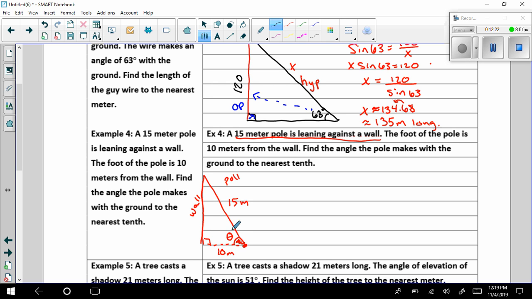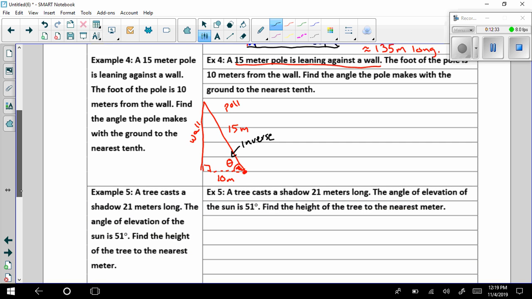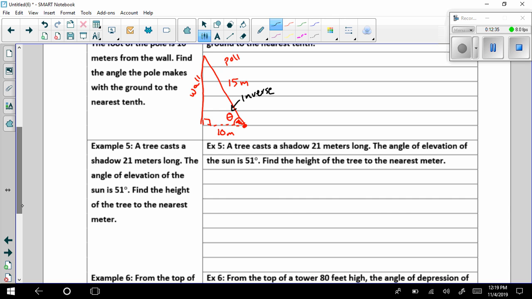Remember that we are finding an angle, so we're going to use an inverse function to solve that. So go ahead and push pause and try that now.